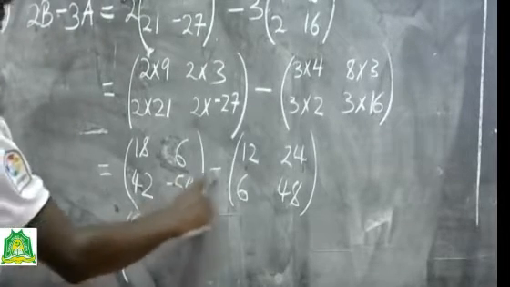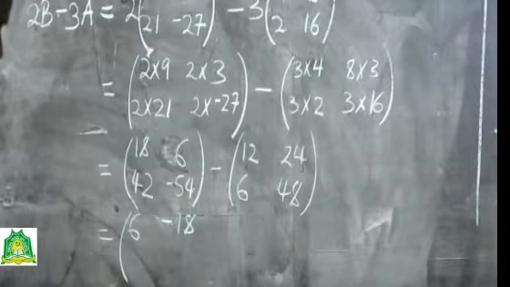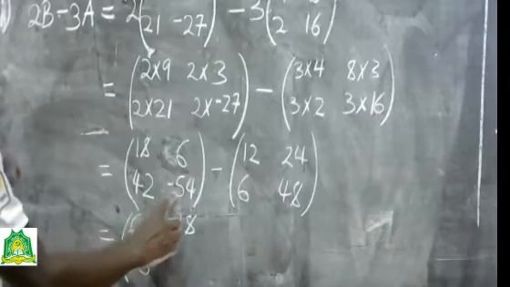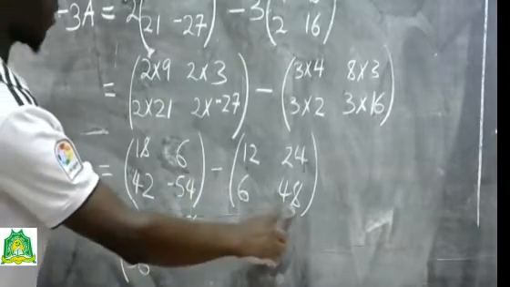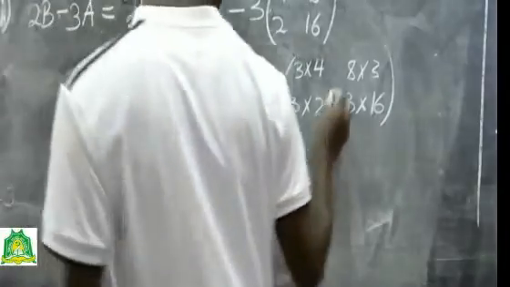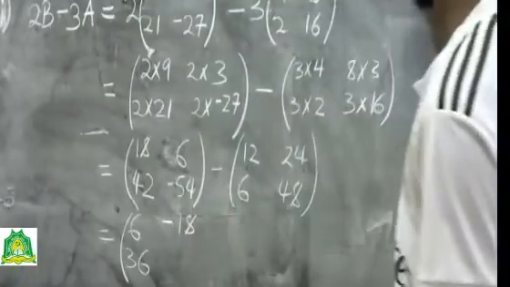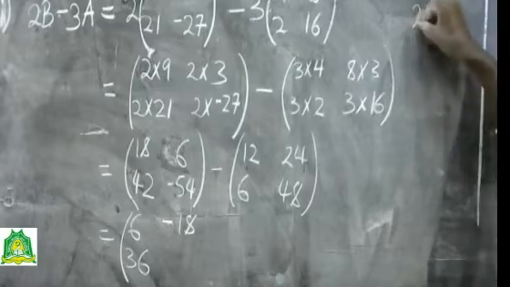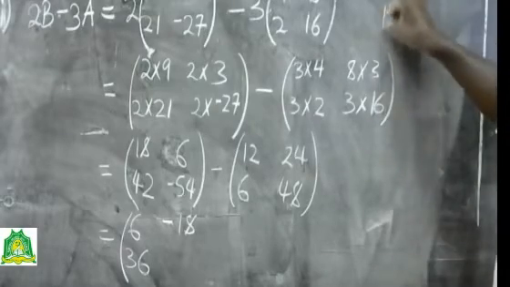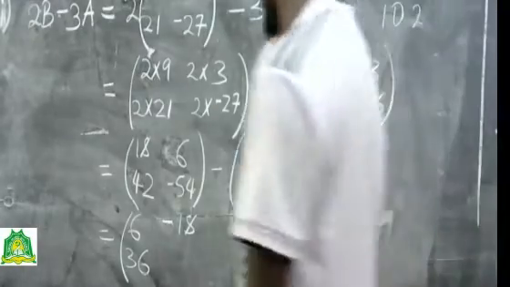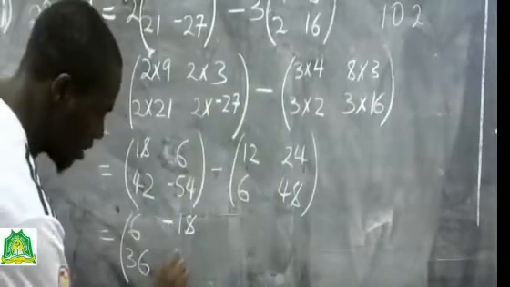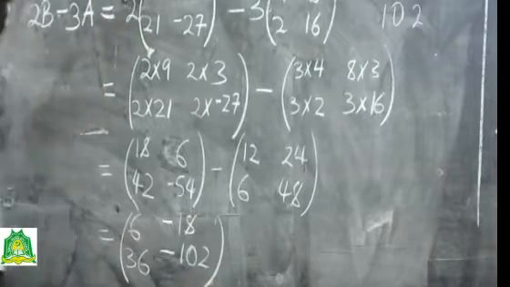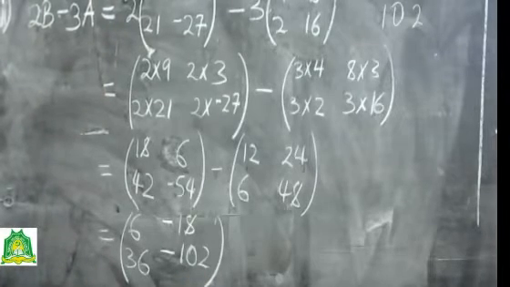Then 42 minus 6, that one I get my 36. Then negative 54 minus 48. So minus minus, it's like I'm having a big minus 48, which is negative 102. As simple as that.